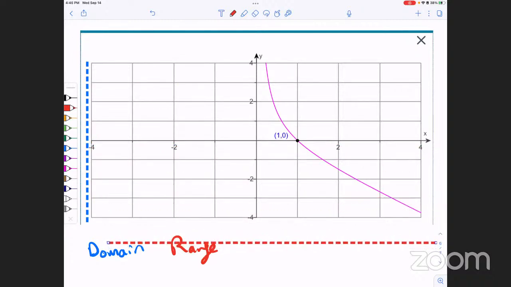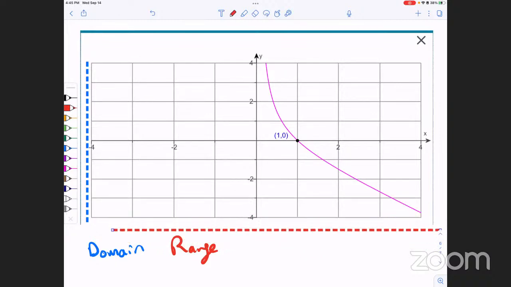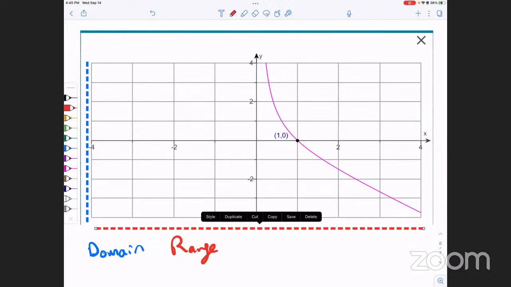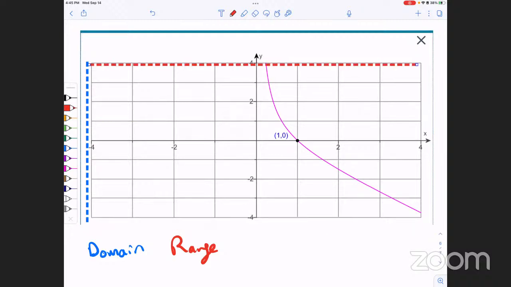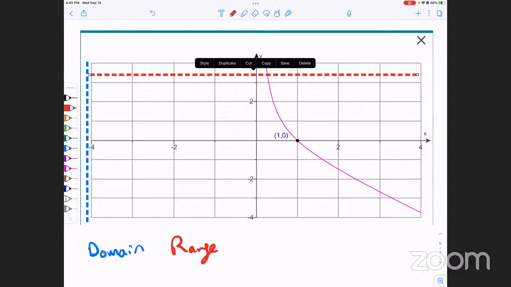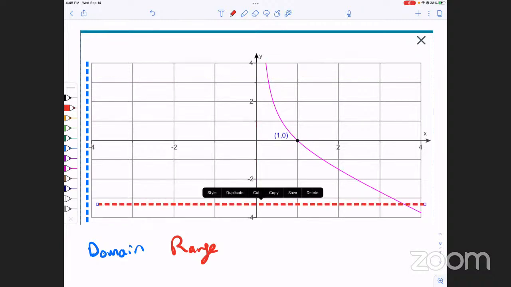Yeah, because if this is log, we're just limited by the graph, but it continues on going down. So no matter how far down you go, you find a corresponding x. Similarly, no matter how far up you go, you can find a corresponding x. If I'm here, it crosses here, and so the x is here. Say I'm down here, then it's going to cross here, and the corresponding x is here.